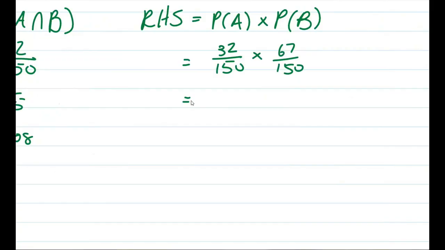32 over 150 times 67 over 150, which is equal to what? 536 over 5,625. And that simplified into decimal is what? 0.10. 0.1.